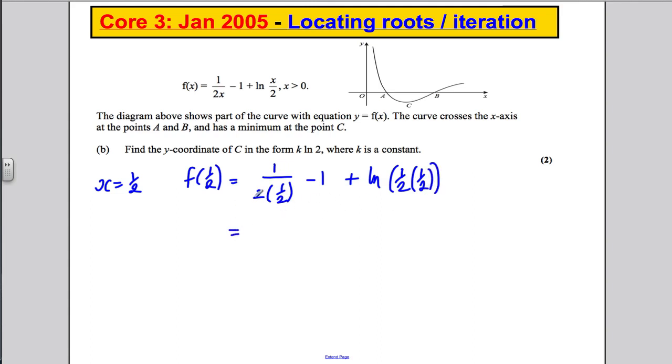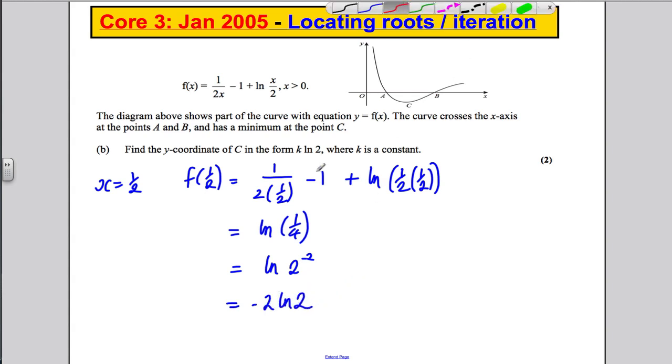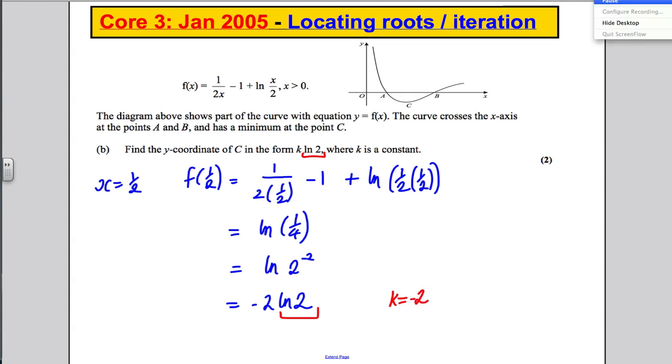Well, 2 times a half is 1, and 1 over 1 is 1, and 1 subtract 1 is 0, so this would simply be ln of a quarter, which is ln of 2 to the power of minus 2, which, bringing down the negative 2, is negative 2 ln 2. The reason I did that is that the question asked for it in the form some amount of ln 2, so I kept it in terms of ln 2, and k must be negative 2 in this case.